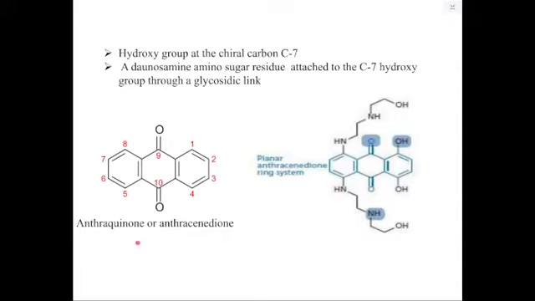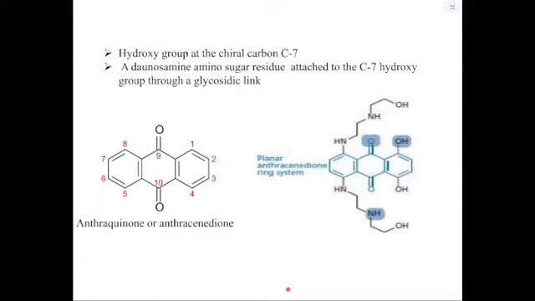So this is the anthraquinone or anthracenedione. If you look, this has 3 rings, whereas the anthracyclines have 4 rings. The other drug that we are going to look at is a synthetic derivative with 3 rings, an anthracenedione, and it is not an anthracycline.